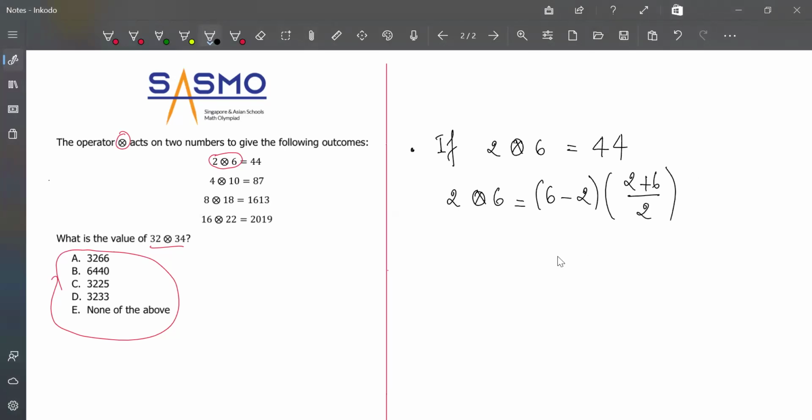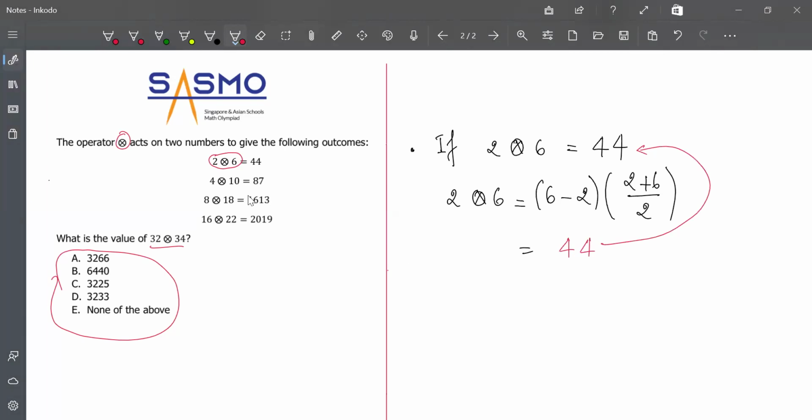But note that we don't multiply the brackets, but we write them next to each other. So 6 minus 2 is 4 and 2 plus 6 over 2 is 4. So now we see that it's 44.